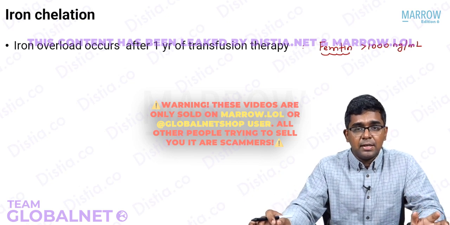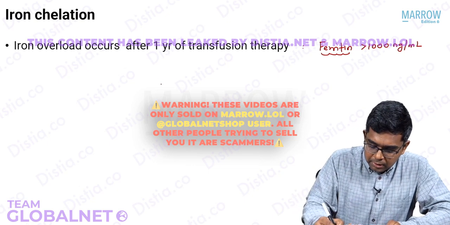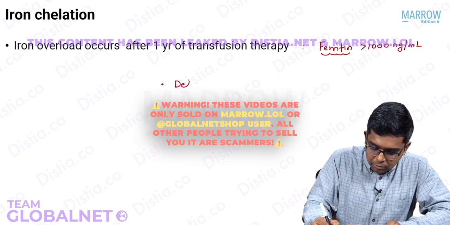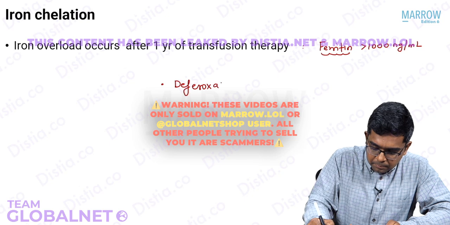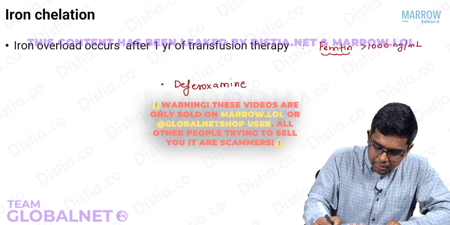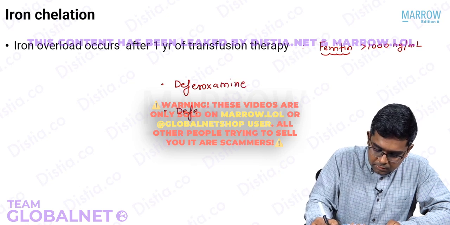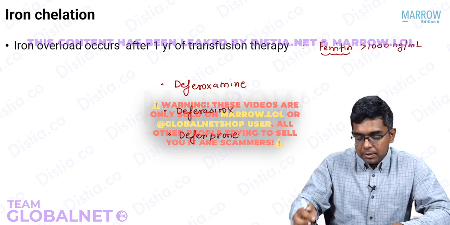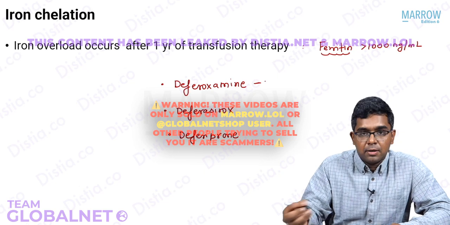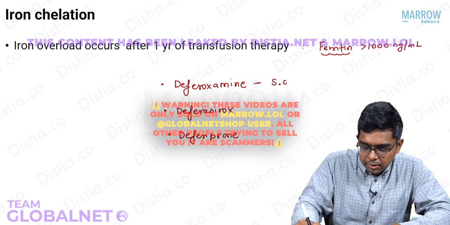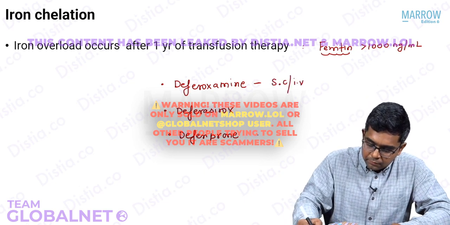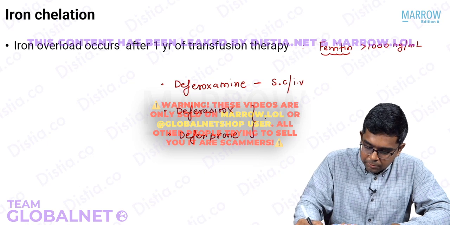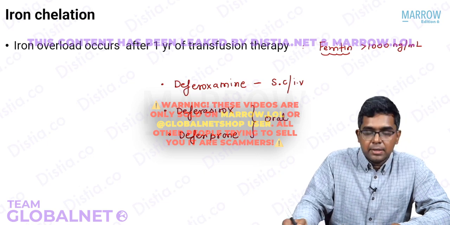There are different iron chelators which are available. I'll write down the names of them. One is deferoxamine. Another one is deferasirox. And the third one is deferiprone. Please remember, deferoxamine is a parenteral formulation which is usually given by subcutaneous or intravenous route, whereas deferasirox and deferiprone are oral iron chelating agents.